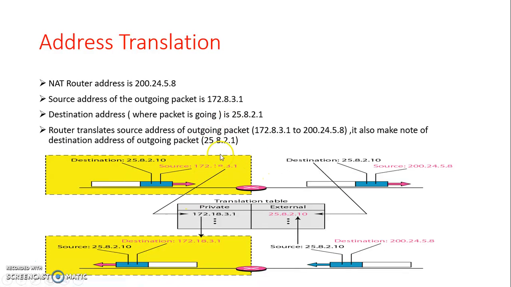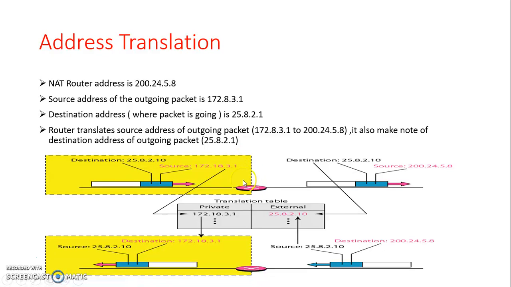Here in this translation method, when the router translates the source of the outgoing packet, what is the source of the outgoing packet? The source address, so this address. This source data will be transferred only through this router, which means this address is converted into this router address to get connected to the global network.